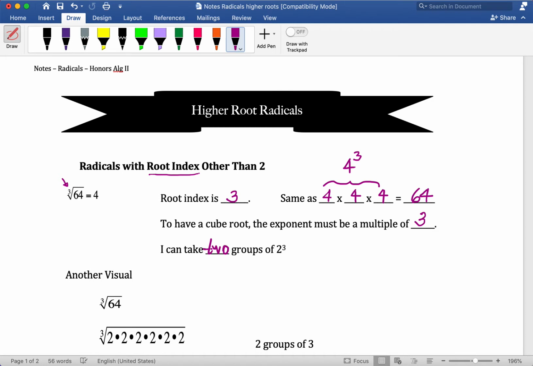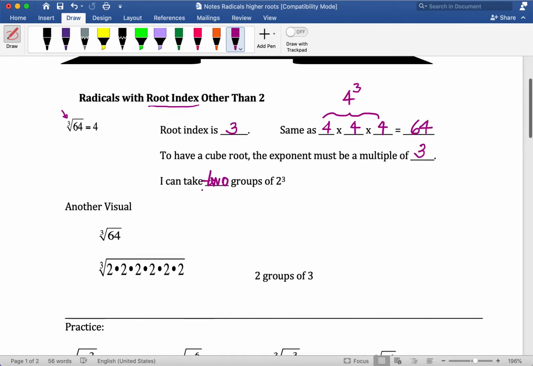Well, what is 2 cubed? Like, what are we talking about here? Well, let's look down yonder. I could take 2 groups of 2 cubed. Well, isn't this one group of 2 cubed and another group of 2 cubed, right? So this is 2 groups of 3. This is my index here. Cube root of 64, again, is 4.